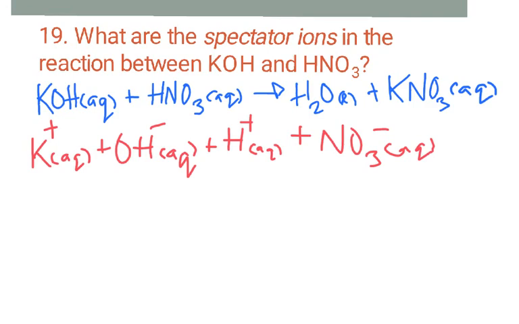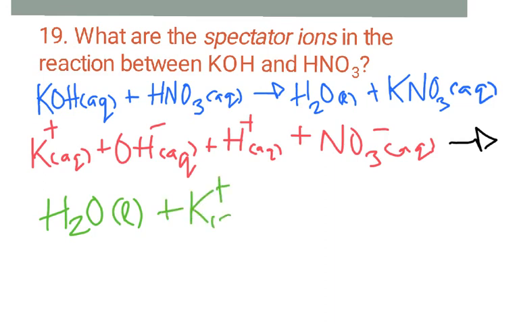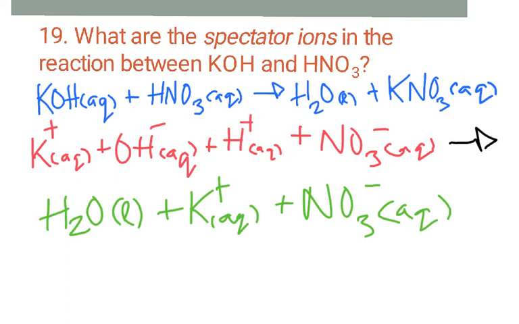This yields, I'm going to write the products in a different color. H2O, which is a liquid, plus K+ NO3-, that's aqueous. So we're going to look for anything that doesn't do anything and cross it out.